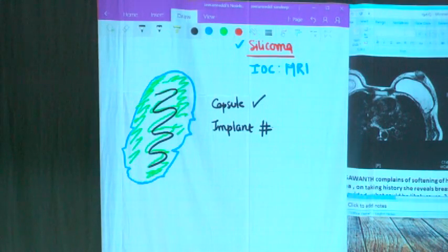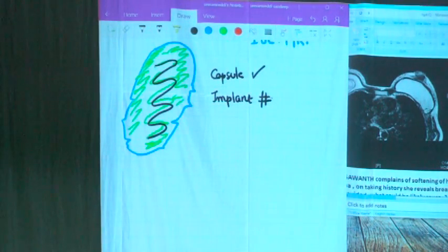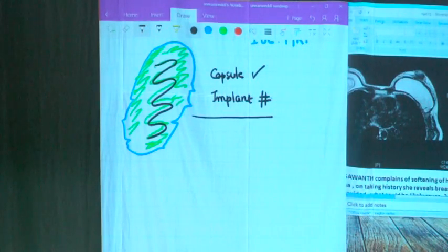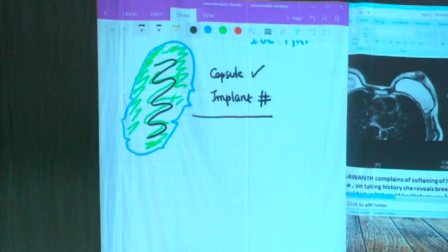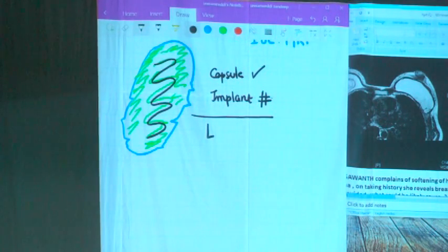Any condition where you have rupture of implant but capsule is intact, this is referred to as anybody? Radiology में सबने बताया होगा sir. What is the sign referred to as? Linguine sign. So they'll ask what is linguine sign.